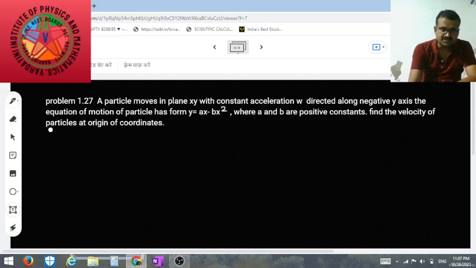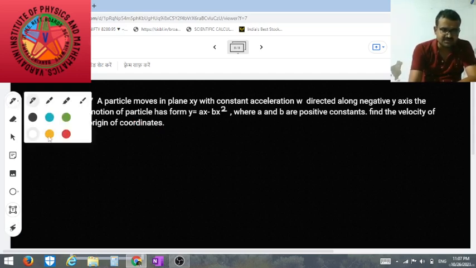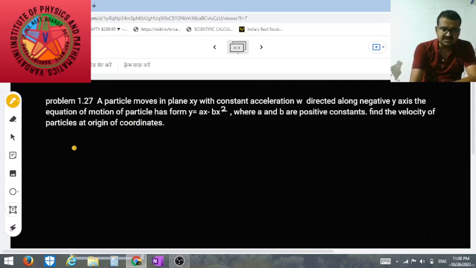First of all, just note down all the given data. Here you are given acceleration in the negative y direction, so I can write minus w j cap.